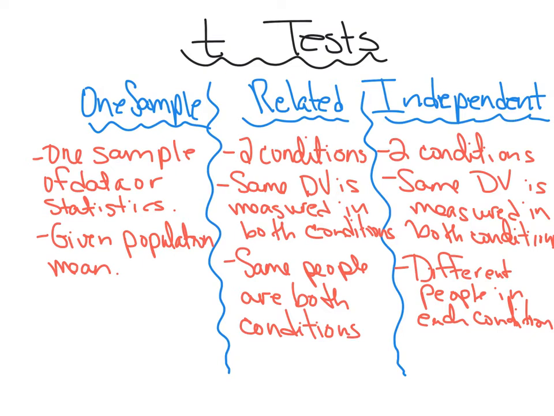Now, if you'll notice, all three of these t-tests, ultimately, we have two means. With a one sample, we're looking at the sample mean differing from the population mean. With the related t, we're really looking at the differences between the first condition and the second condition.